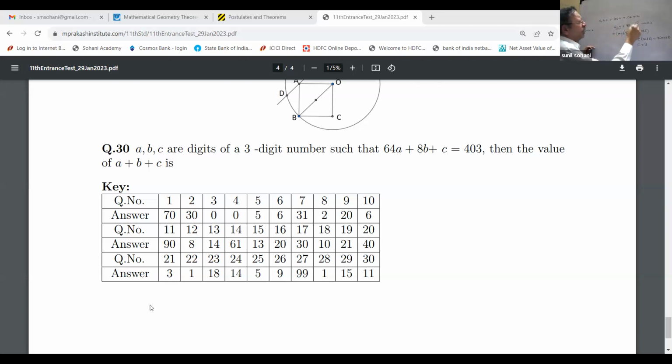So we have found the C value, 3. So you subtract 3 from 403 and you are left over with this equation: 64a plus 8b is 400. Now we can see all the numbers are divisible by 8. I'll divide quickly all by 8 and I have this information.